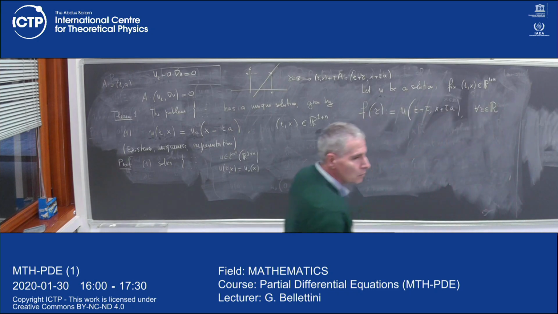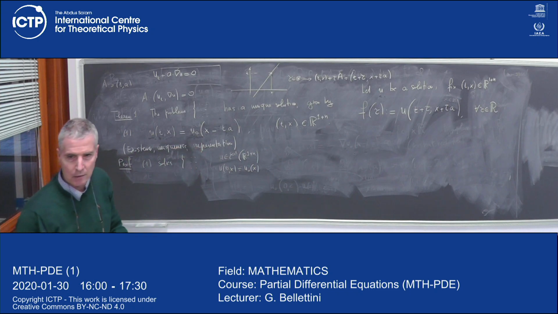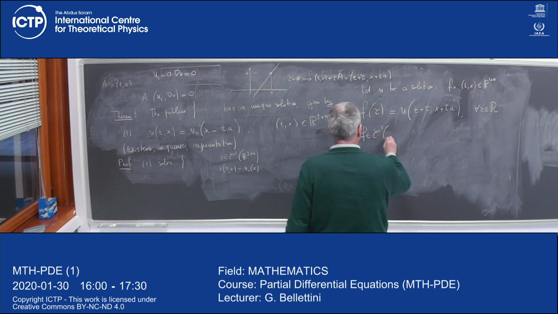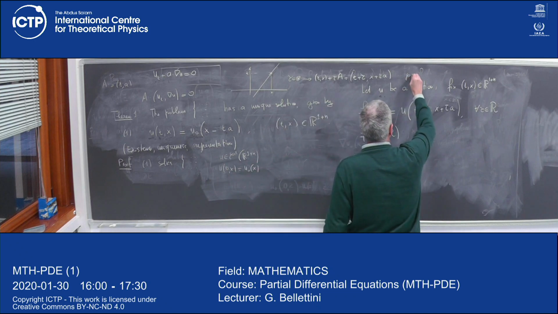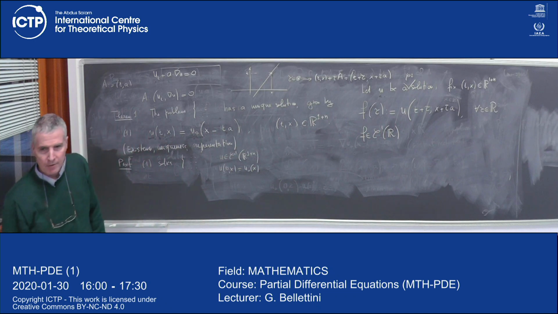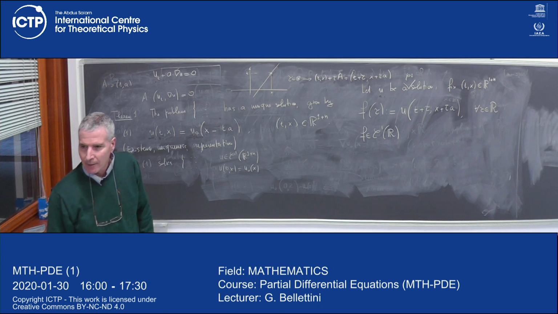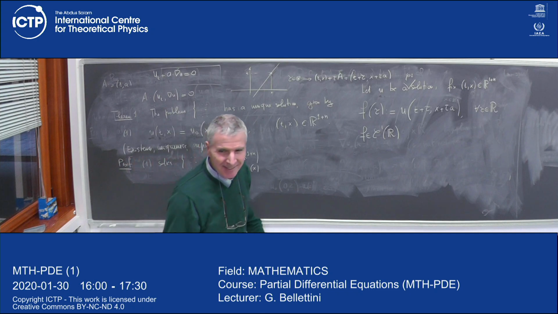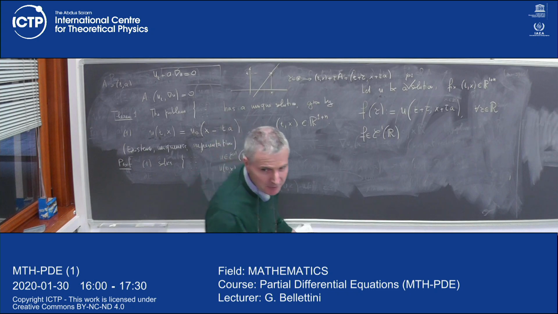So u is C1, and clearly also f is C1. Is it constant? Yes, clearly. Of course, you have understood because this is a simple case, but let me prove it is constant.